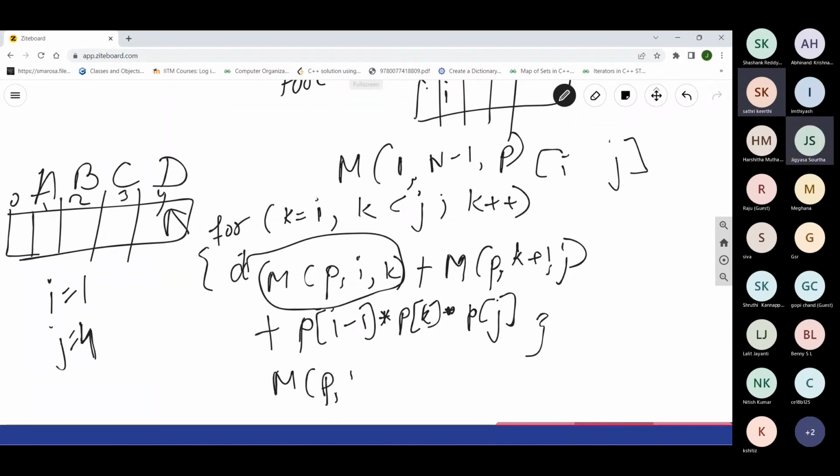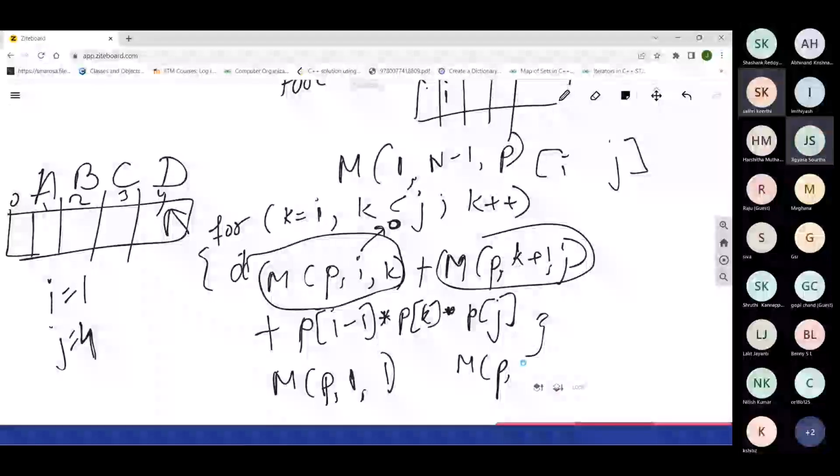The i is, let's say, 1, and the k here, the split is 1. So the cost of multiplication of this at the first will be 0. And this will call m of p, k plus 1, which will be here 2, and j will be 4. You need to calculate this.